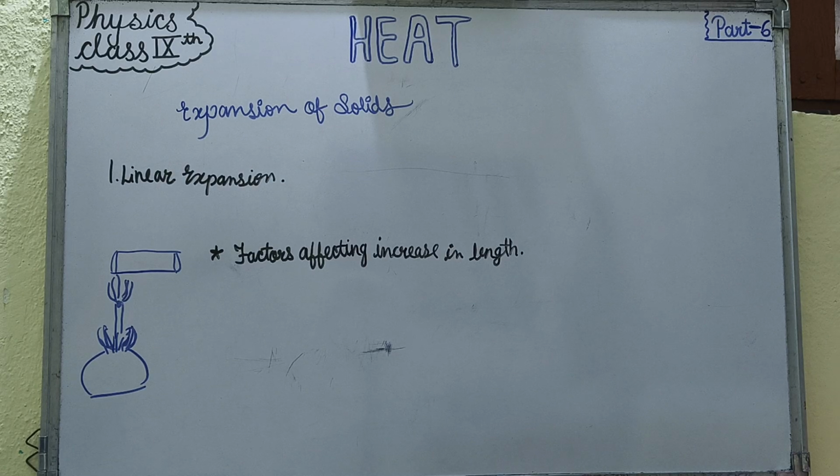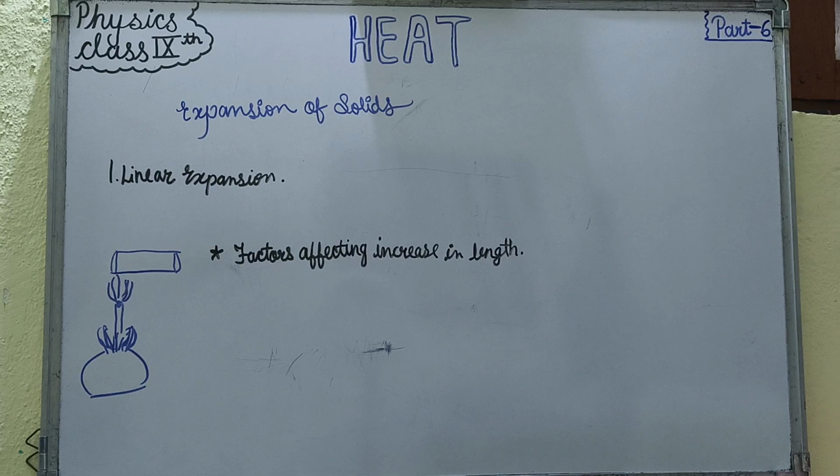Second is rods of same length but heated through different rise of temperatures. And third one is rods of the same length but made of different materials. Let us see them.